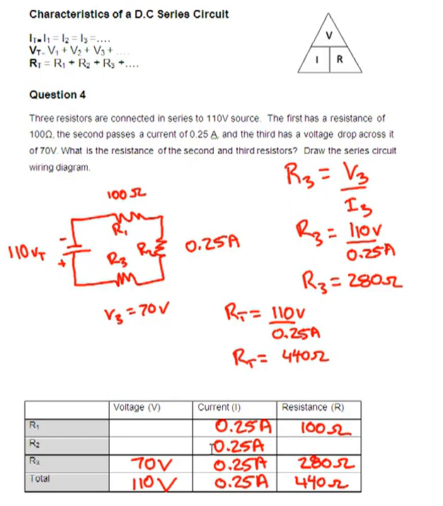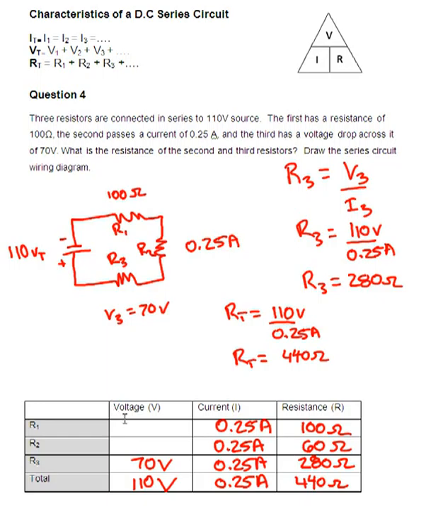Now we can find R2 by taking 440 ohms, subtract 280 ohms, subtract another 100 ohms. That would give us 60 ohms. So now we have solved the problem for R2 and R3.